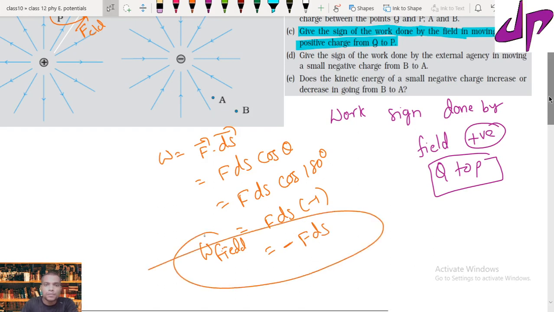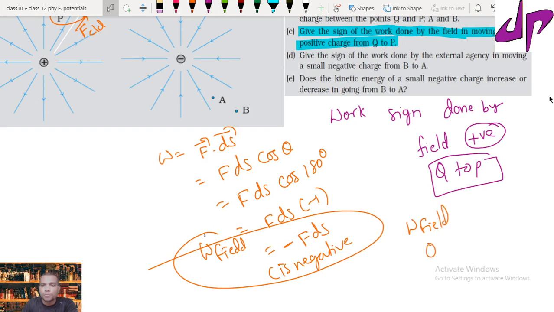So the work done by the field is negative. Work done by the field from Q to P is less than 0.